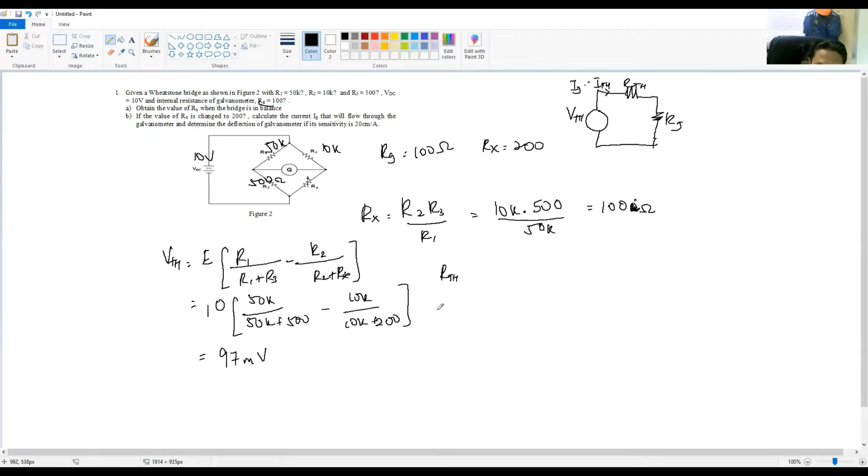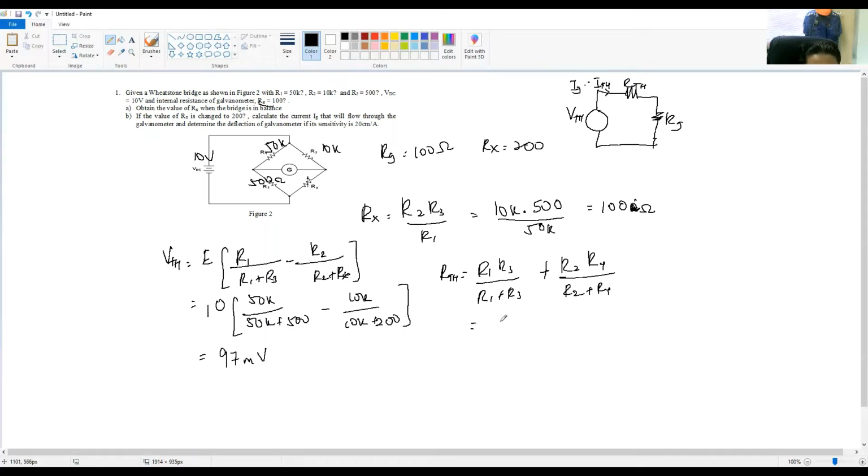Next you have to calculate the RTH, similar to question 2b, using the formula RTH equals R1 multiplied by R3 divided by R1 plus R3, plus R2 multiplied by R4 divided by R2 plus R4.